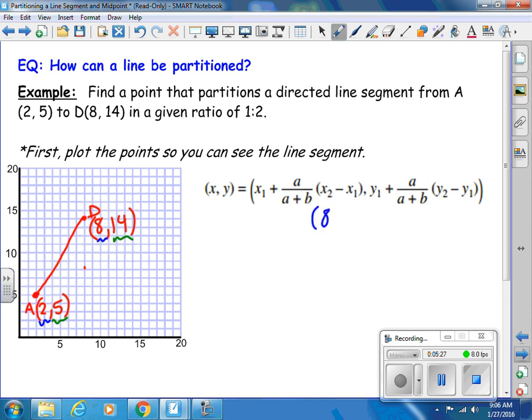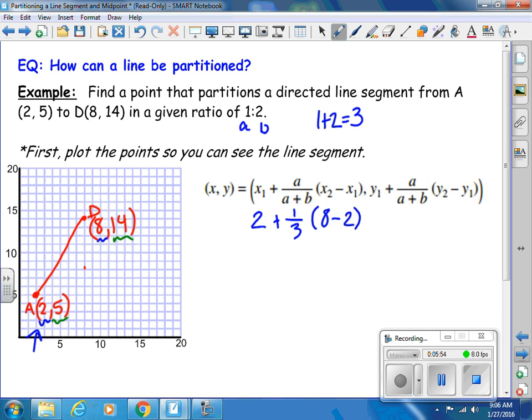We're going to start with subtracting 8 minus 2, that's the difference, and we're going to multiply it by the first number in our ratio, A, 1 over A plus B. Well, if we add 1 plus 2, we have a total of 3 parts. So we're going to multiply that, and then we're going to have to add back on the original value from our X, which was point A, which was 2.